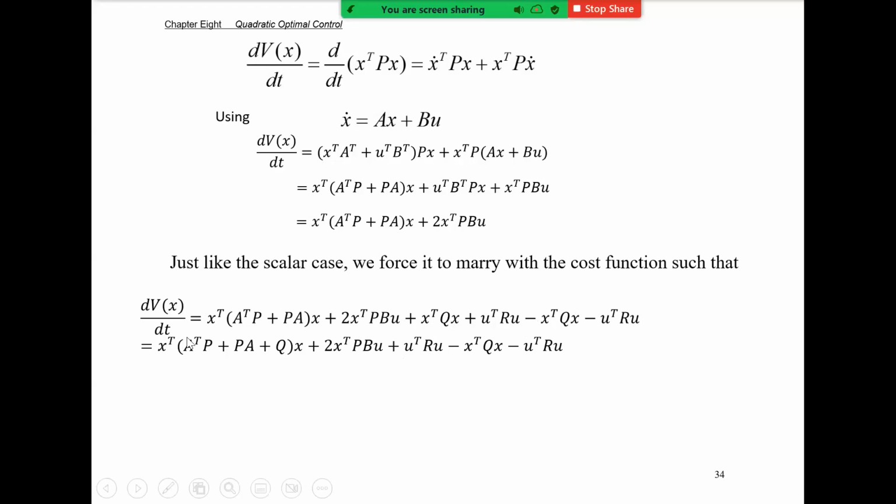And then we have to deal with all those terms. We know the final two terms are negative, right? Now this is the time for you to remember how did we deal with this 2PBxu in the scalar case? What did we do?